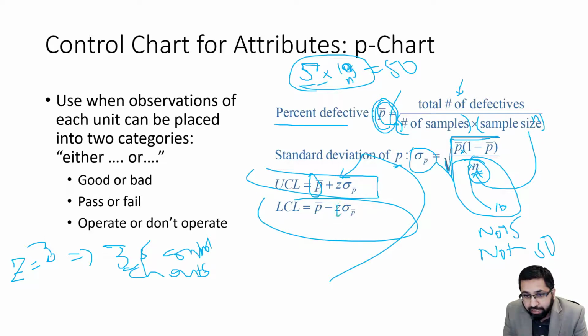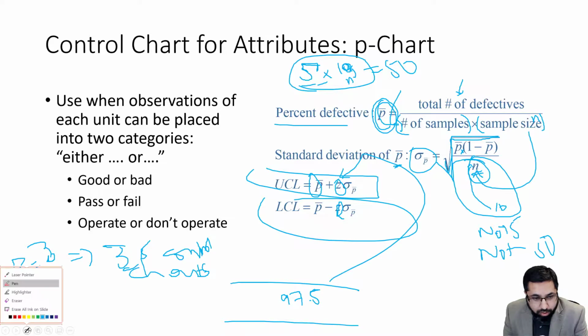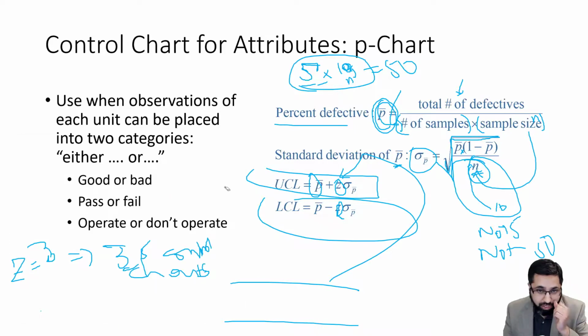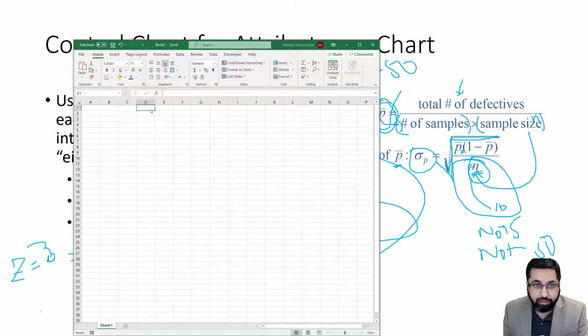That has to do with how sure you want to be before you declare you're out of control. So 3 sigma means that under normal conditions, if you have a 3 sigma control chart, we can just use Excel to calculate what percentage will be outside that.